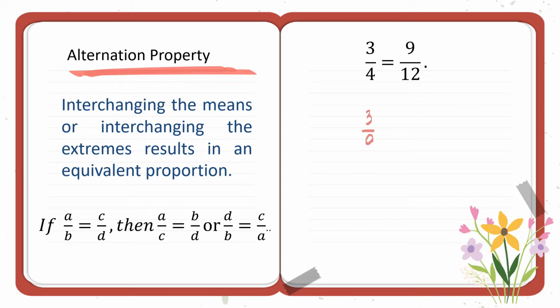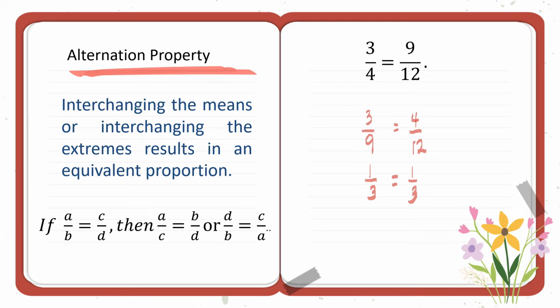Will it be equal to B over D, 4 over 12? Now, if we write 3 over 9 in lowest terms, it is 1/3, and 4 over 12 in lowest terms is also 1/3. Therefore, it resulted in an equivalent proportion.